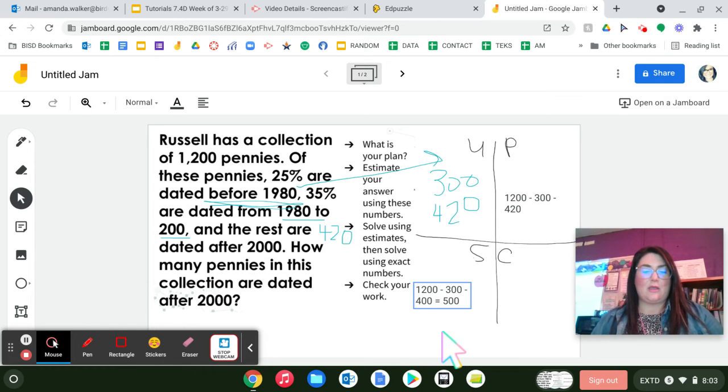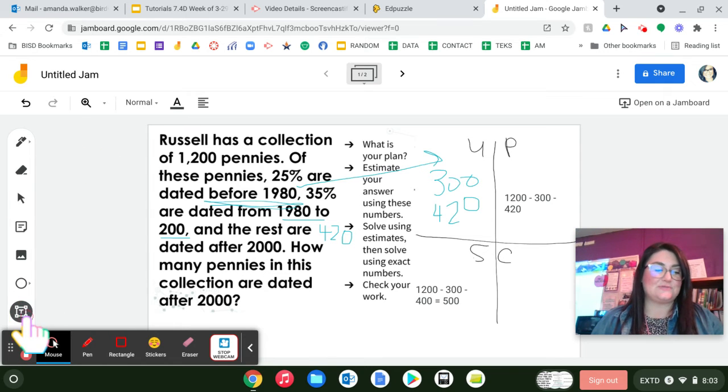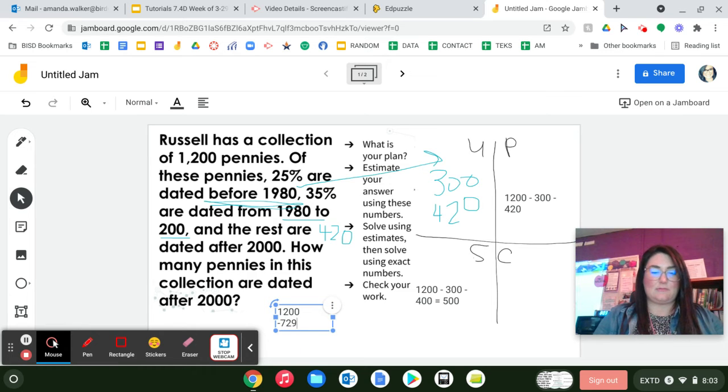When I actually do that math, I could add up 300 and 420. That would equal 720. And subtract that. So once you actually solve that out, you would get an answer of 480, which is close to our estimate.